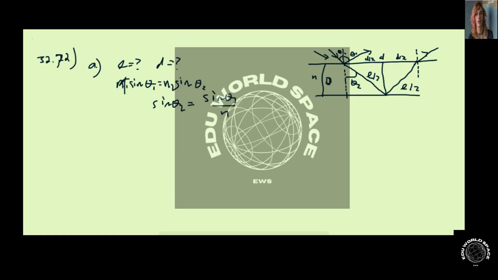So now let's look at our actual triangle here. Doing some geometry, we should see that cosine theta 2 is given as D over L over 2. If we rearrange that, we see that L is given as 2D over cosine theta 2.